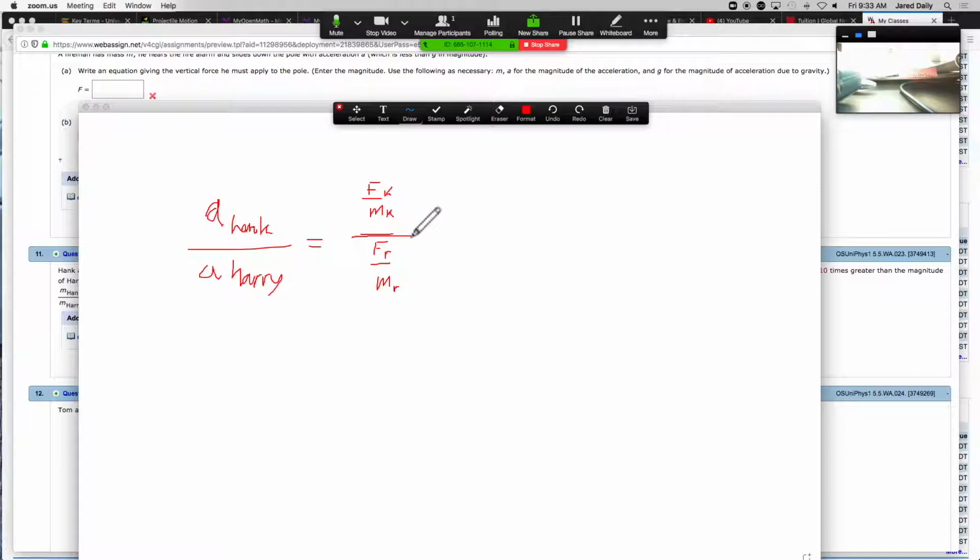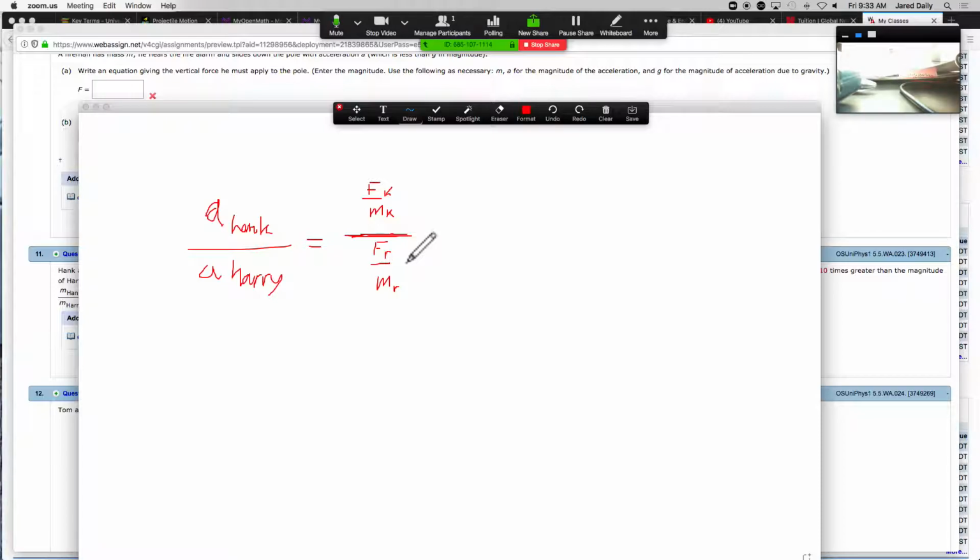So now we've got a compound fraction here. But the interesting thing is that there's something that is the same in each of these. What is it? When you're pulling on somebody, what are they doing back to you? Pulling on you.